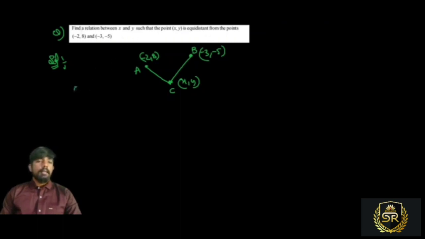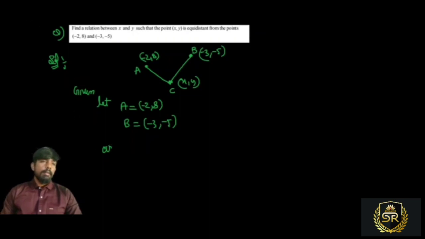Given, let the points be A equal to (-2, 8) and B equal to (-3, -5), and we consider the given point (x, y) to be C. Now what is said: this point is equidistant from the 2 points.